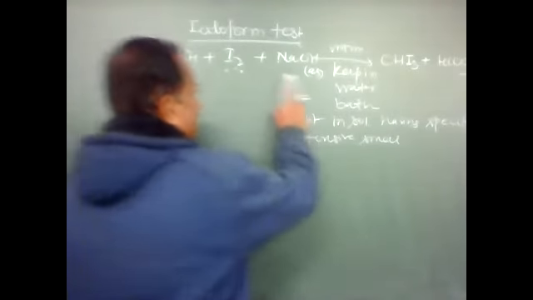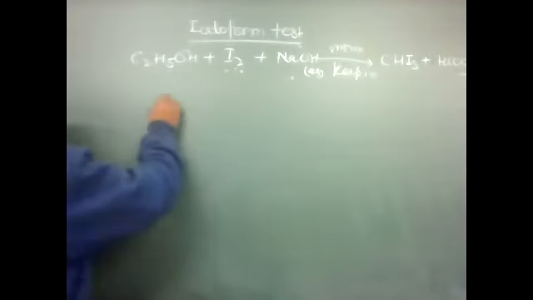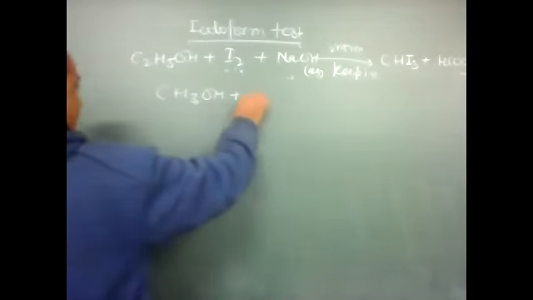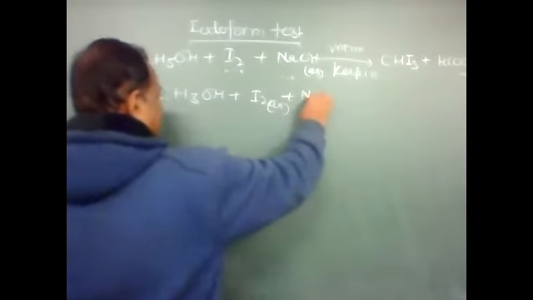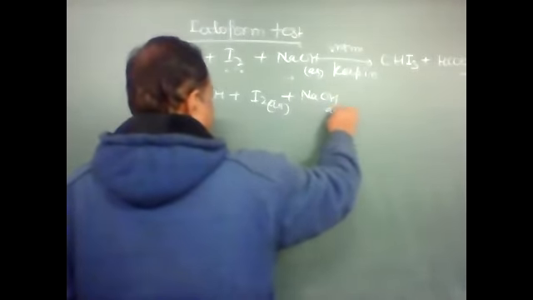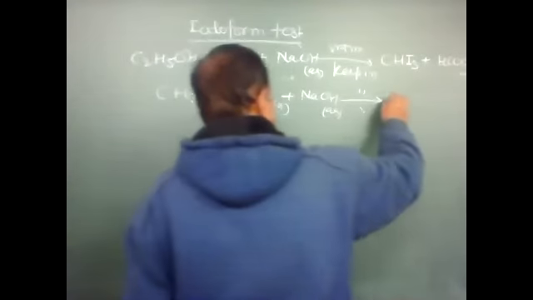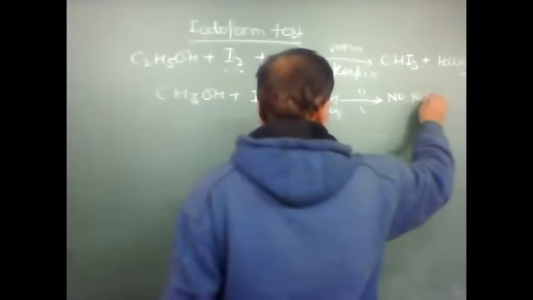Now, if we write CH3OH plus I2 aqueous plus NaOH aqueous and warm, here there will be no reaction.